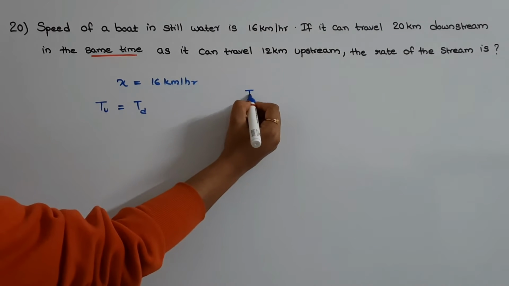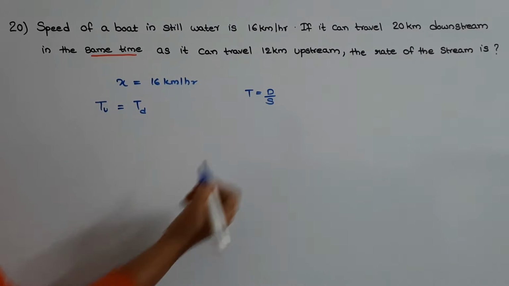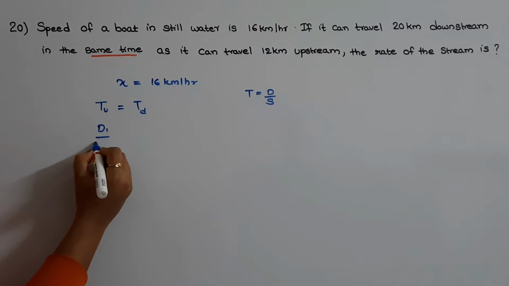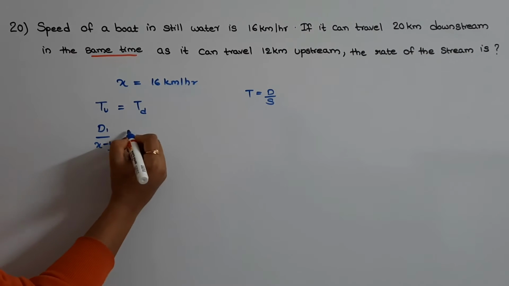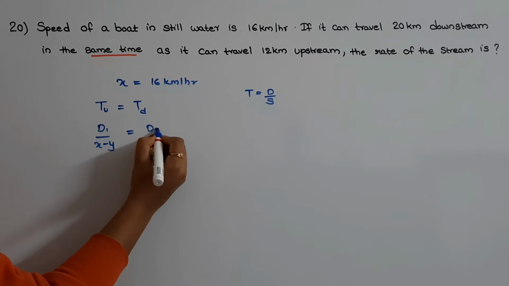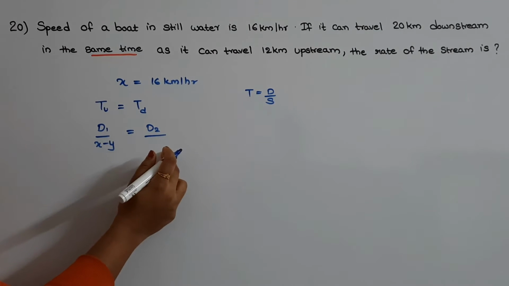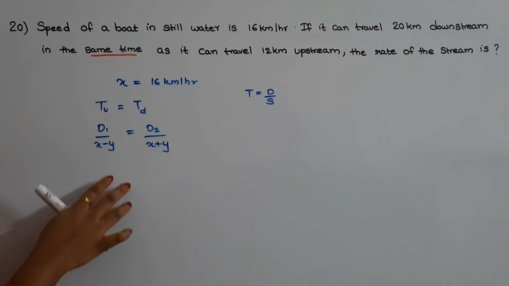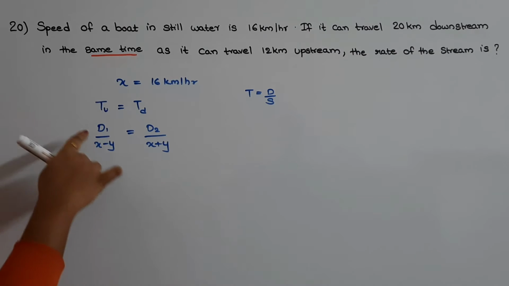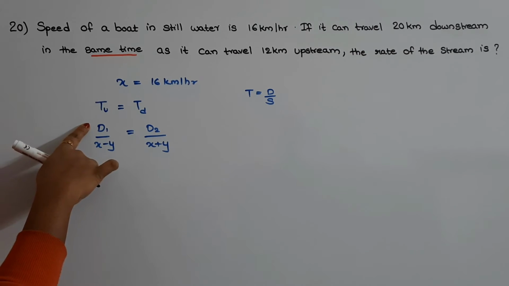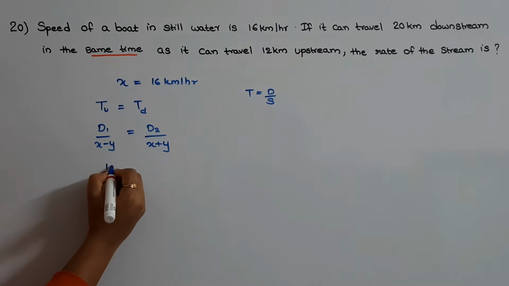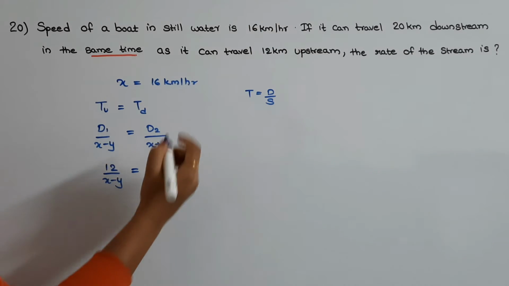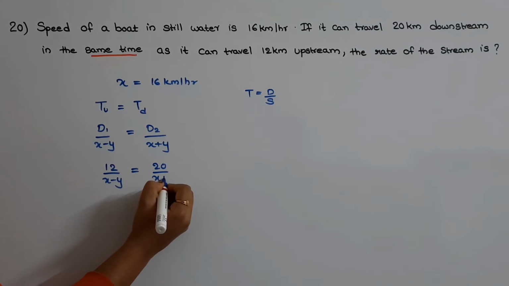We know that time is equal to distance by speed. So upstream time can be written as upstream distance by upstream speed, that is x minus y. And this can be written as downstream distance by downstream speed, that is x plus y. Now substituting all the values, you will get the ratio of x and y. So the upstream distance is given as 12 km. So 12 by x minus y is equal to downstream distance, given as 20 km, 20 by x plus y.